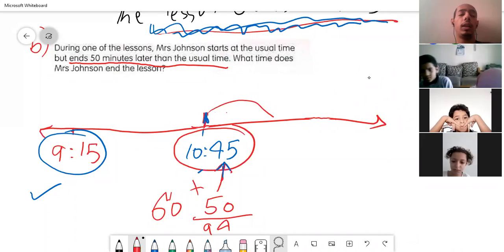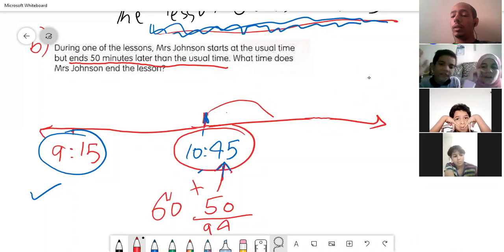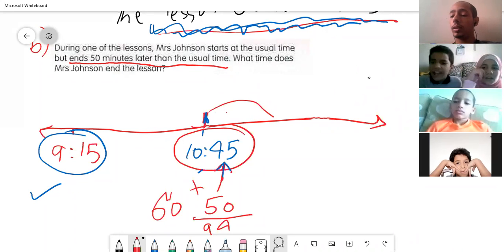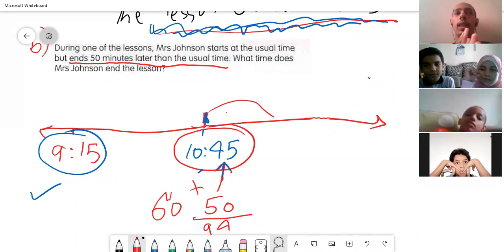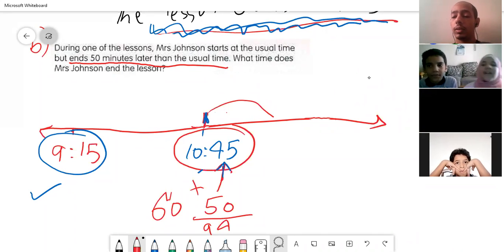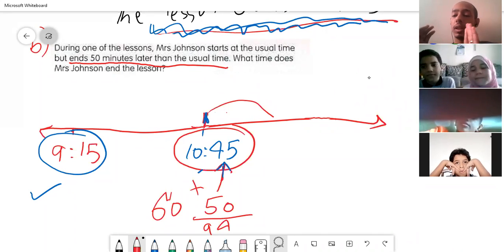Quiet please. What is the hour after 10? 11. This is the first step.